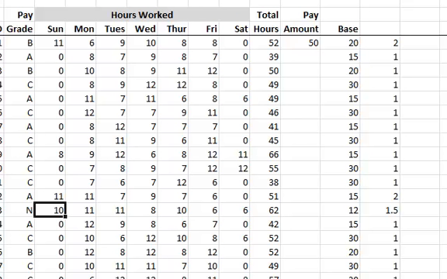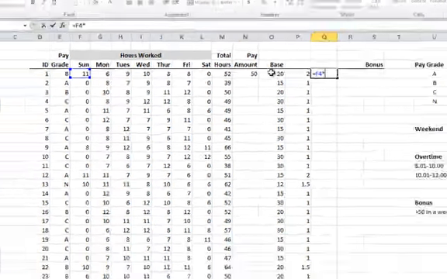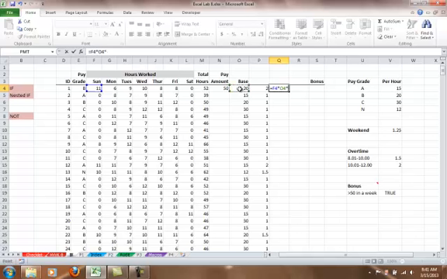All right. So now we've got the hours worked, the base pay, and the multiplier. So we want to put that together into a formula here to calculate his pay for that day. So we would just say here equals hours times base pay times multiplier.